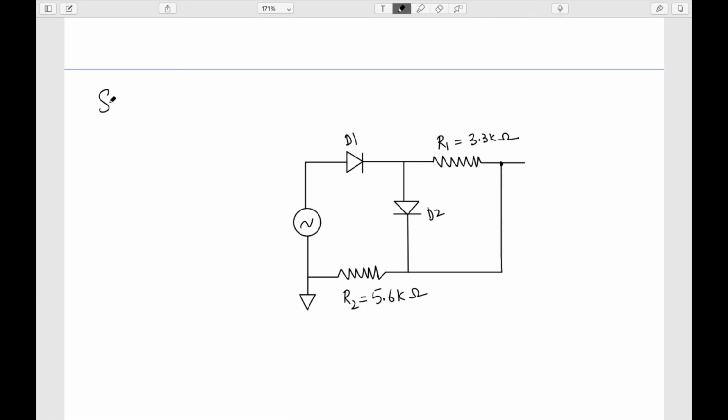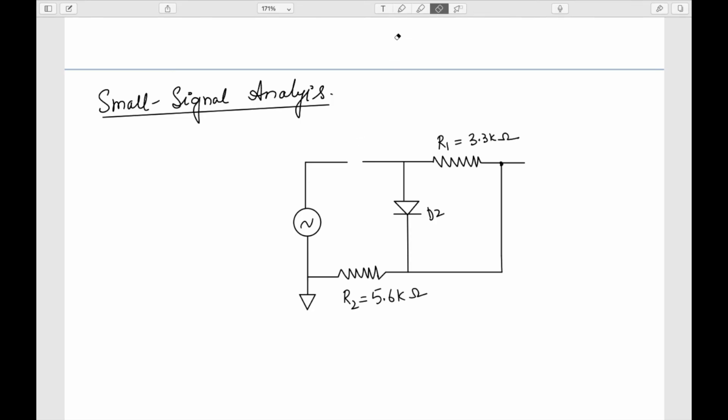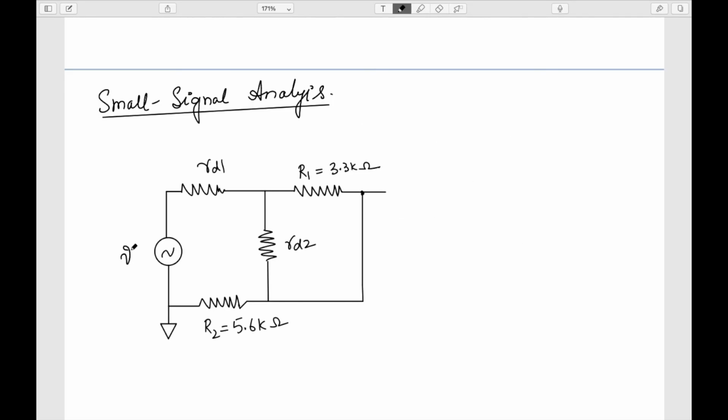So now we will do the small signal analysis. For that, I need to replace this diode with a small resistance. This is RD1. This will be RD2. And of course, here we will have the small change V in, and here the small change V out.